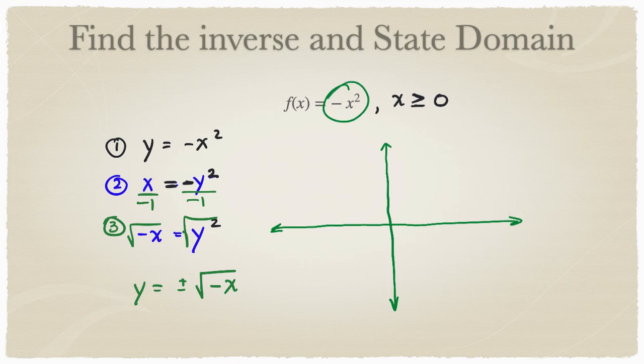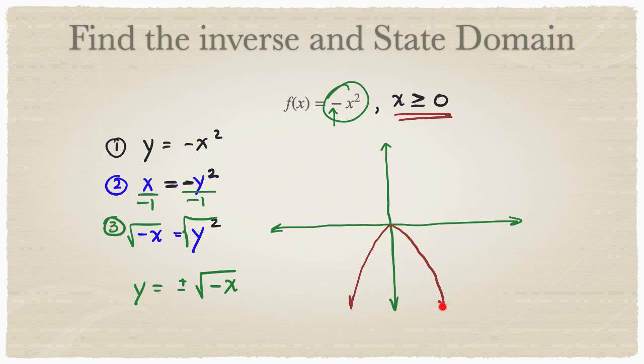Now this is a parabola because it's x squared, but this parabola is almost like the parent function, except that negative sign, remember, makes it go downward. So that parabola looks something like this. But x is being restricted. At the very beginning, I told you to restrict it to x greater than or equal to 0.